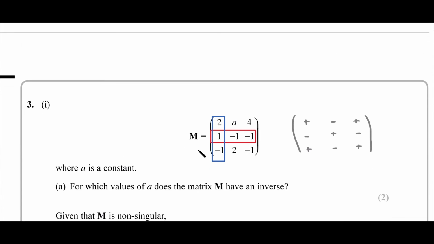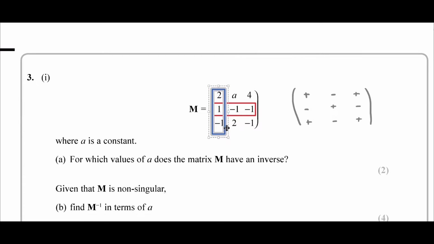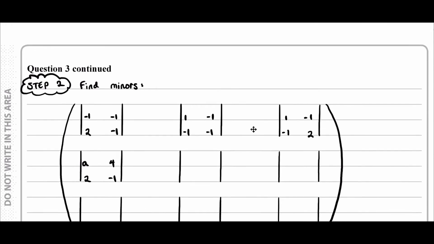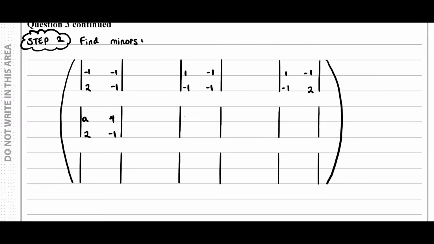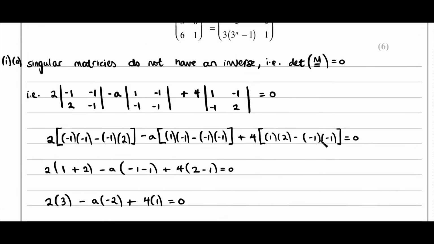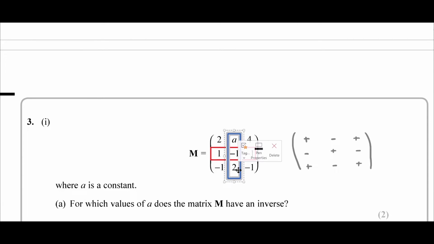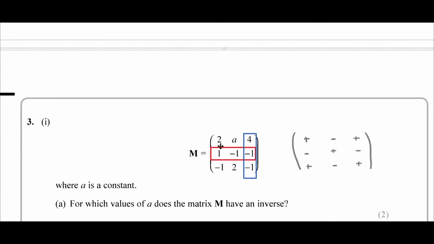We move this to the right, and then for this element over here, we have 2, 4, minus 1, minus 1. So we have 2, 4, minus 1, minus 1. And then for this element here, we have 2A minus 1, 2.